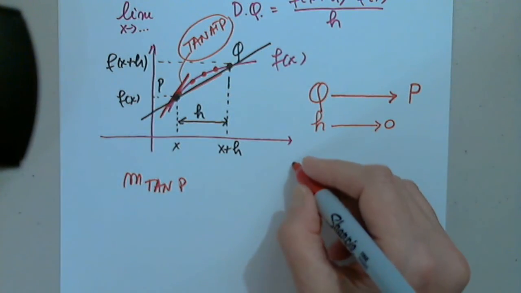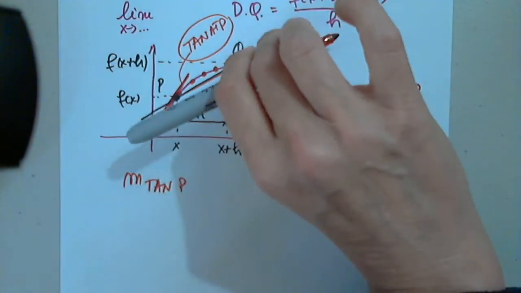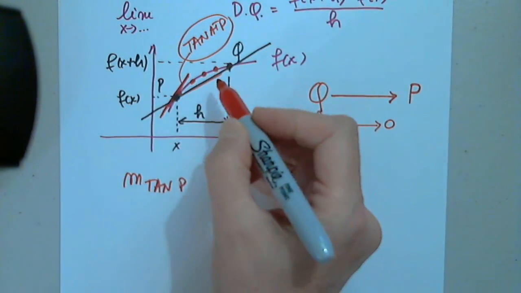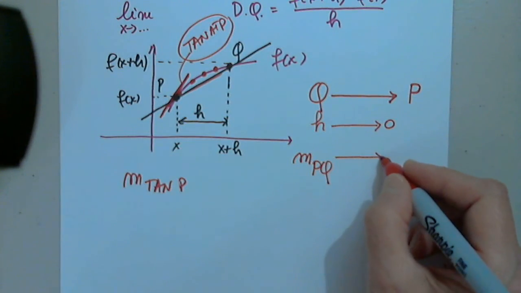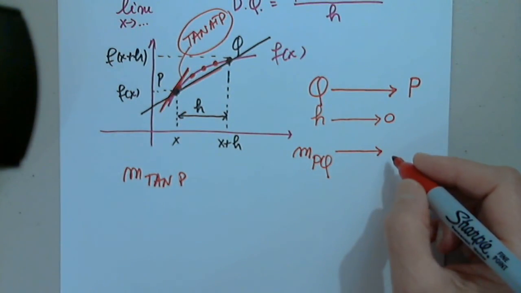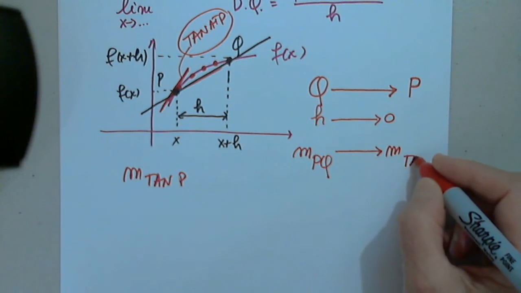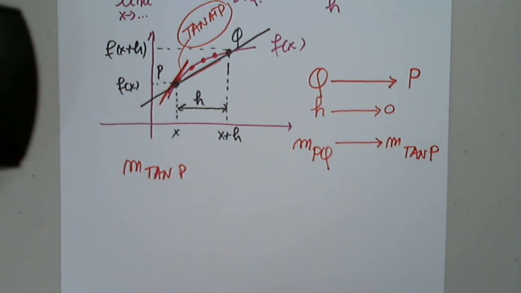Now, the slope of PQ, which is this, and when I move Q closer and closer to P, what will the slope approach? The slope of the tangent line. The slope of the tangent at P.